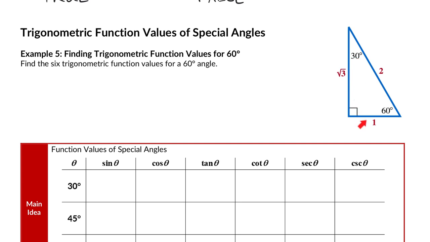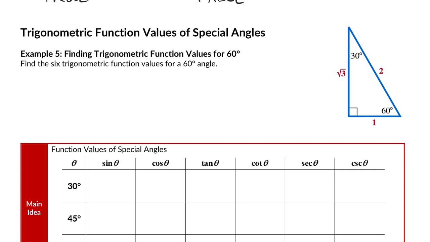This would have been x, x square root of 3, and 2x. So if we let the side across from 30 be 1, that means the side length across from 60 is square root of 3, and the side length across from the 90 degrees is 2. This is the relationship of a 30, 60, 90 triangle: 1, square root of 3, 2. If you don't know this, look at your geometry notes. It's not the important part of today.